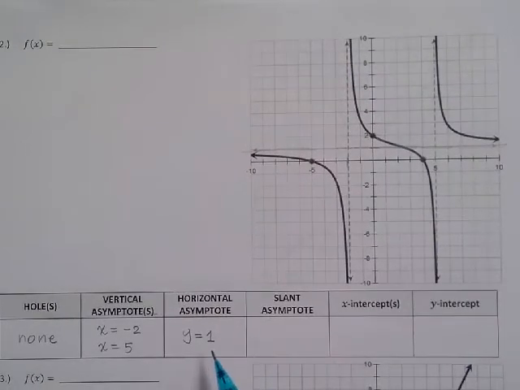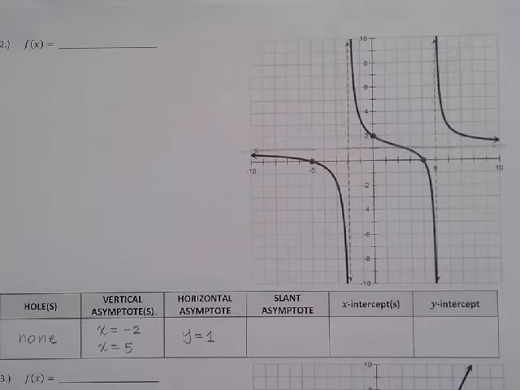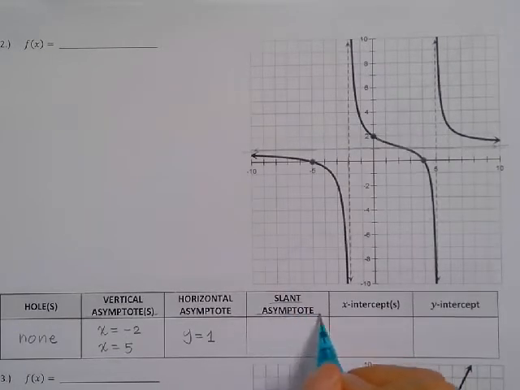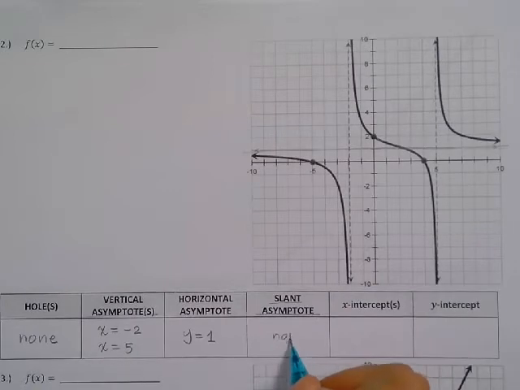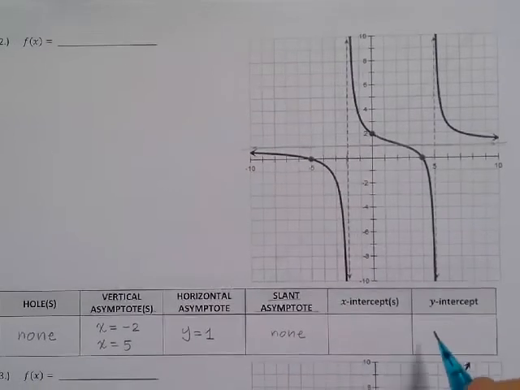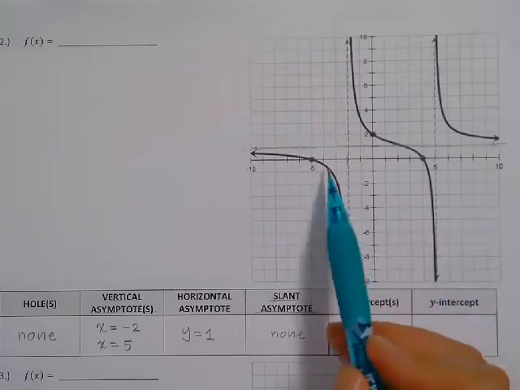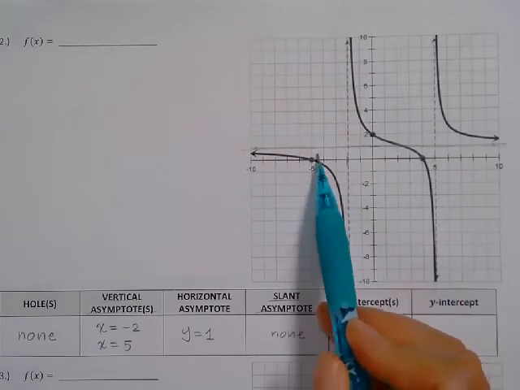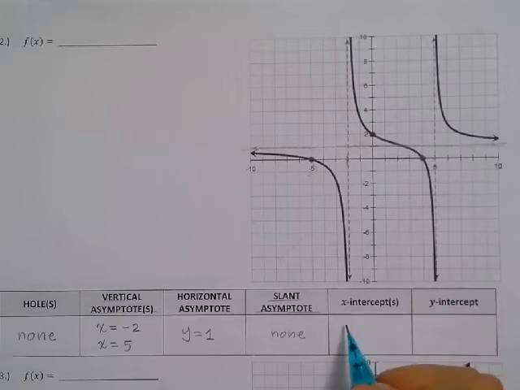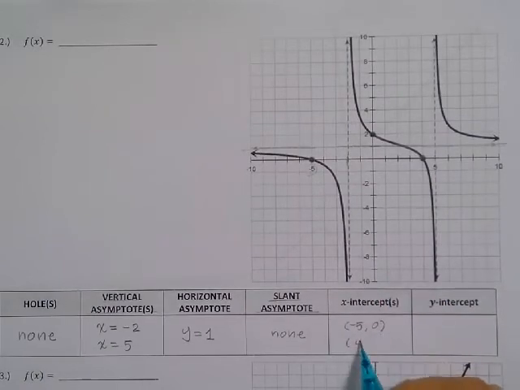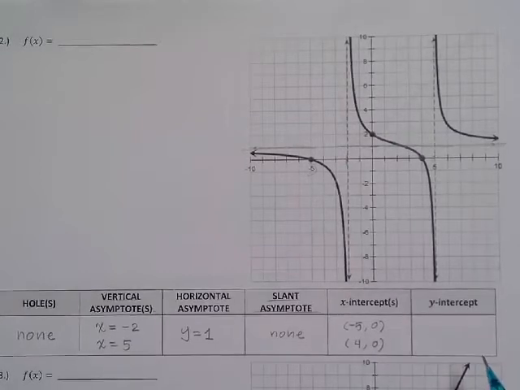Then you remember what we analyzed based on horizontal asymptote 1 in the previous one, and it's going to be applied the same. I don't have any slant asymptote, none. But I do have x-intercepts and a y-intercept. 2 x-intercepts at -5 and 4. So the coordinates will be -5, 0 and 4, 0.